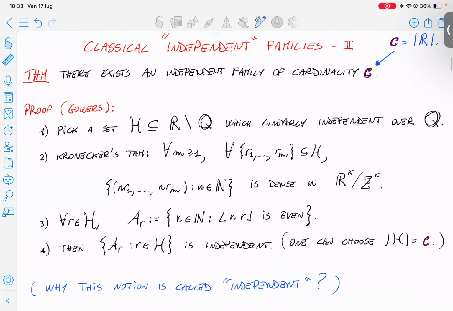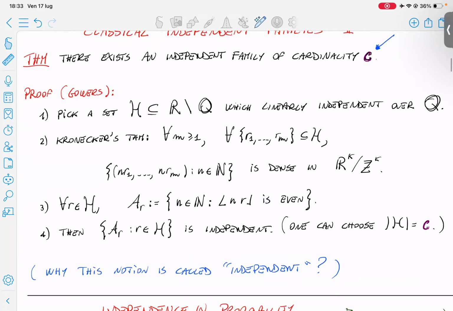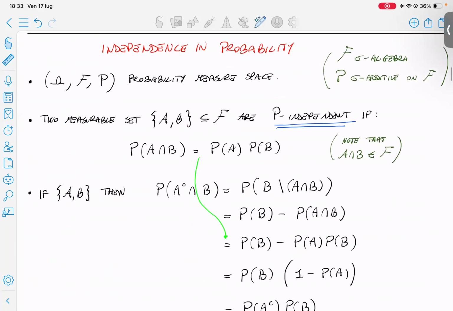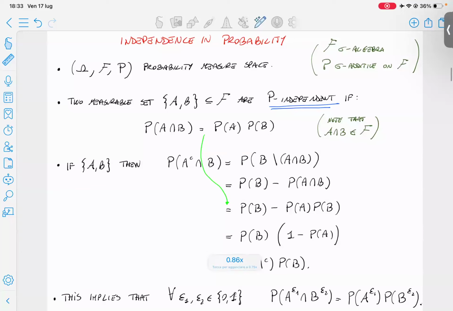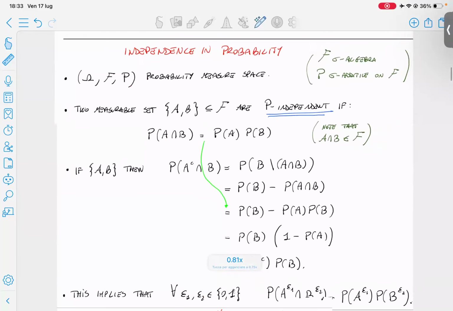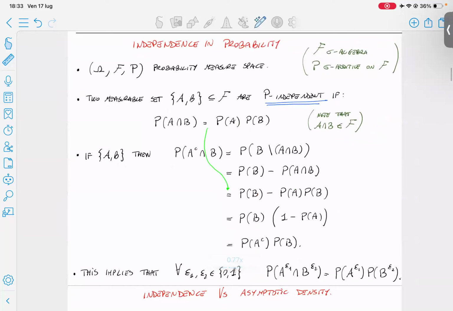But first question: why is this notion called independent? Well, this goes back to independence in probability. This slide is well known to everyone who did one course in probability. Let's pick a probability measure space.